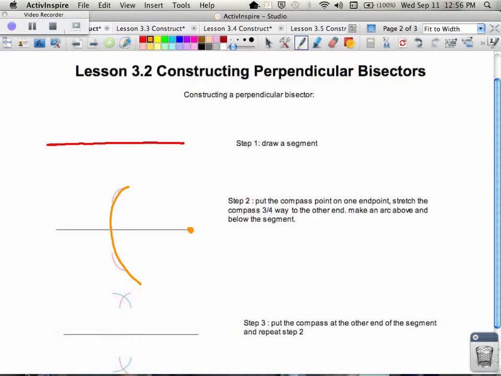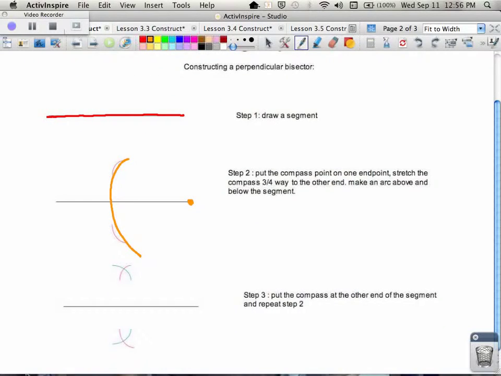Step three, without adjusting your compass at all, leave the compass exactly the way it was. You're going to take that same compass and place the point on the left-hand side. Your compass is already stretched out. So now we already had the arc from the right-hand side, and with my compass now placed on the left-hand side and stretched out the same distance, I'm going to make another arc from the left-hand side.